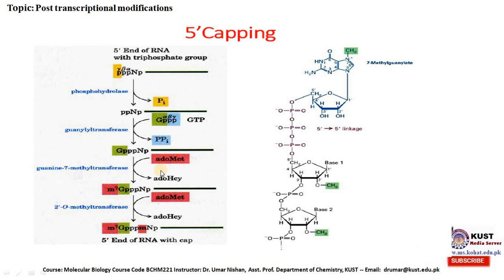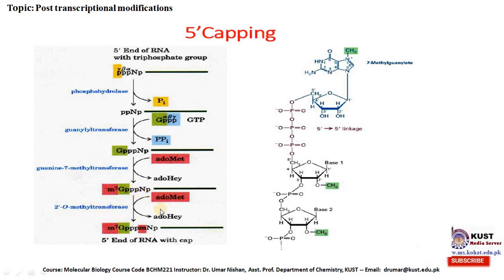So after this, adomet will enter the system. Guanine 7-methyl transferase will function here, and the adoHcy will be removed. It will result in formation of this.